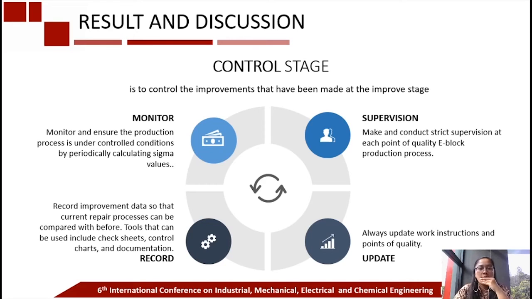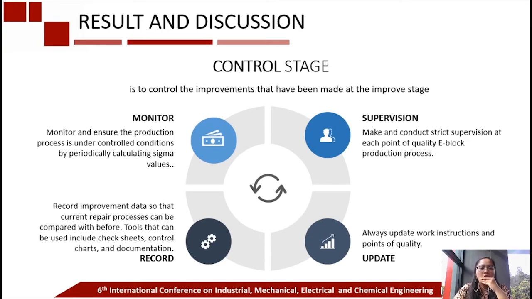First is to monitor and ensure the production process is under controlled condition by periodically calculating sigma values. And then supervision: conduct strict supervision at each point of quality in the block production process.